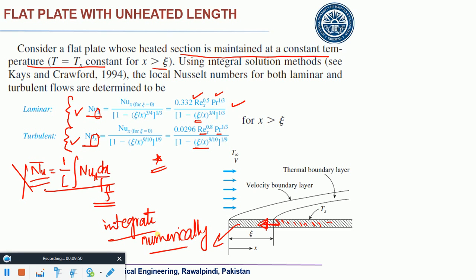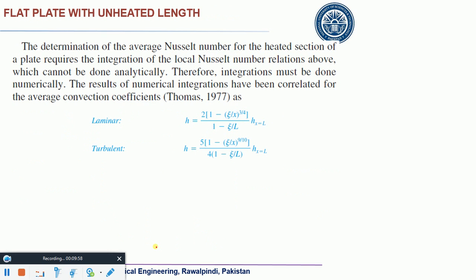Just like you solve partial differential equations numerically, you can integrate the things numerically. Once you integrate those relationships numerically and establish the correlations, remember these relationships didn't come from straight integration. They have come from the numerical integration, and then correlations were developed using curve fitting, interpolation, and all those techniques.